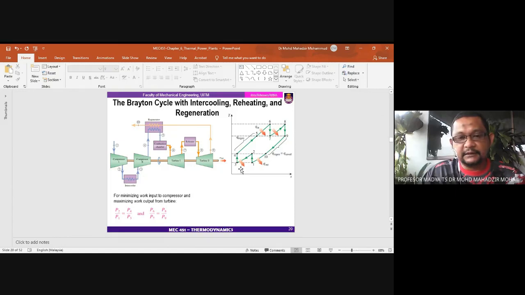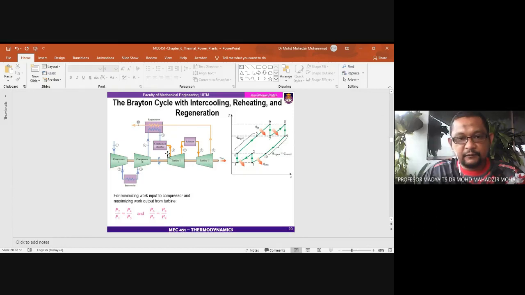The interesting concept of the intercooler is that it reduces the temperature, but the pressure is the same, and it also reduces the volume of the molecules. So at this stage, it will be compressed again in compressor number 2.